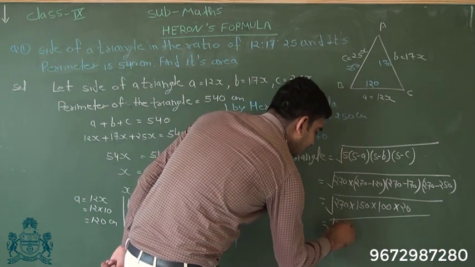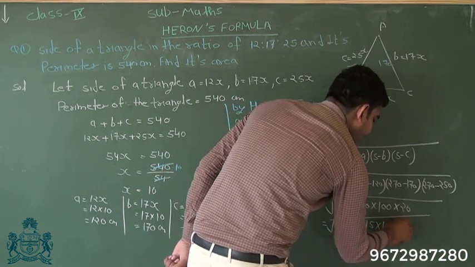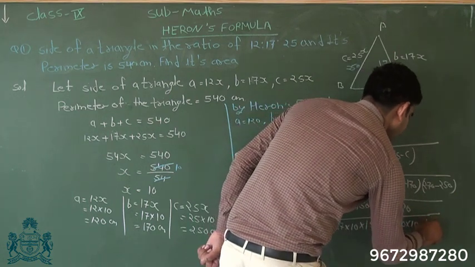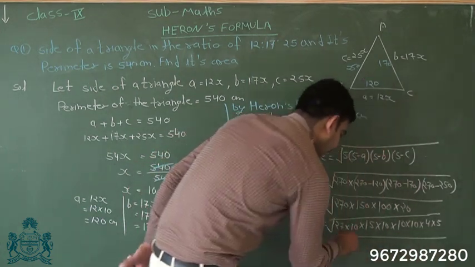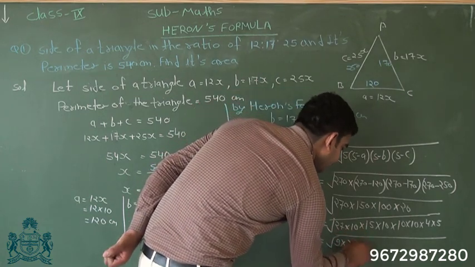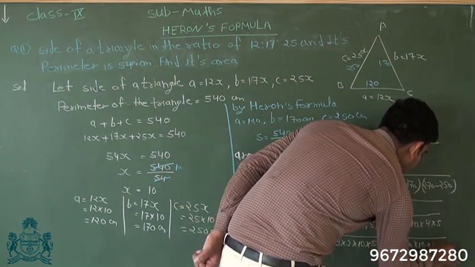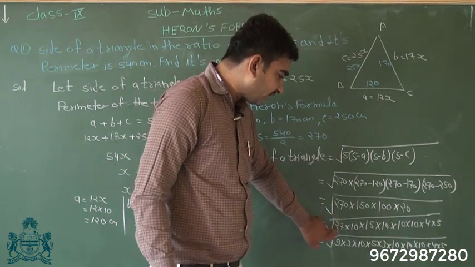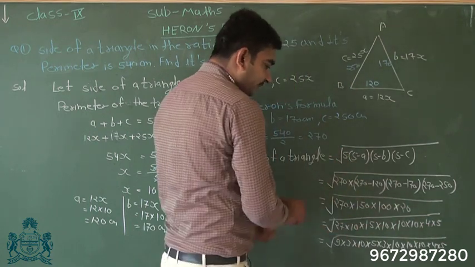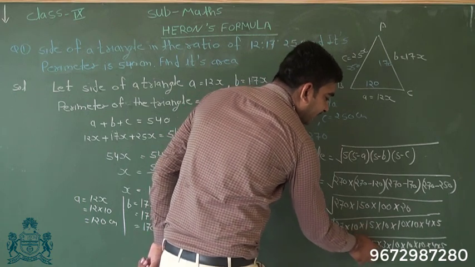Factorizing: 270 is 27 into 10, 150 is 15 into 10, 100 is 10 into 10, and 20 is 4 into 5. 27 is not a perfect square, so 27 factors as 9 into 3, 9 threes are 27. 15 is 5 into 3, 5 threes are 15.